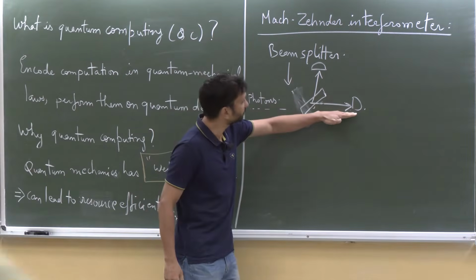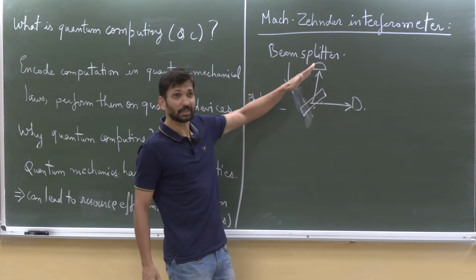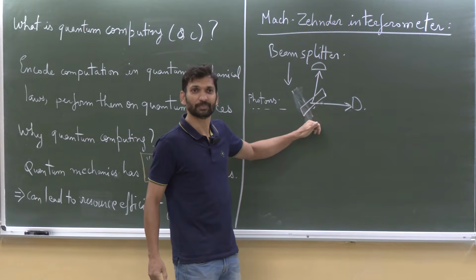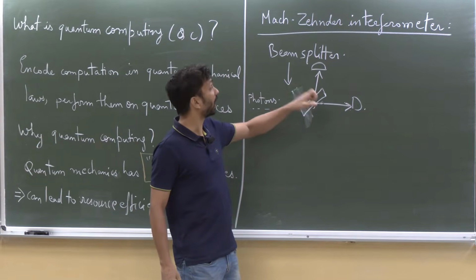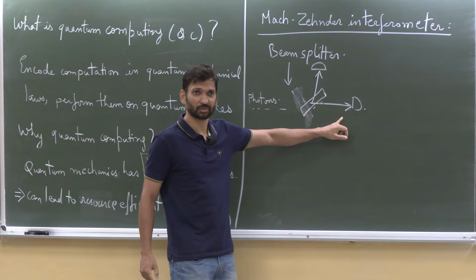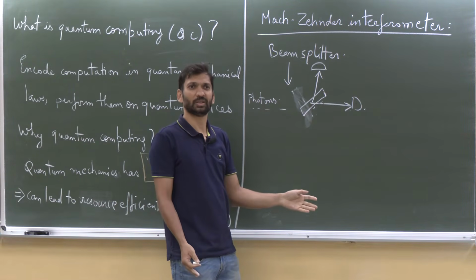When you shoot the photons, half the time it goes here, half the time it goes here. Okay. And more importantly, we have devices where you can shoot photons one by one. Even if you shoot photons one by one, half the photons will go here, half the photons will go here. Is that weird? Not really, right?